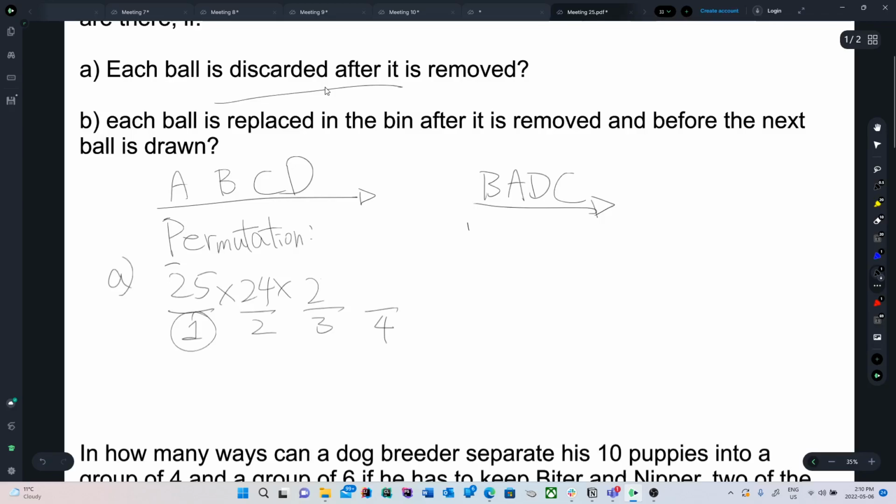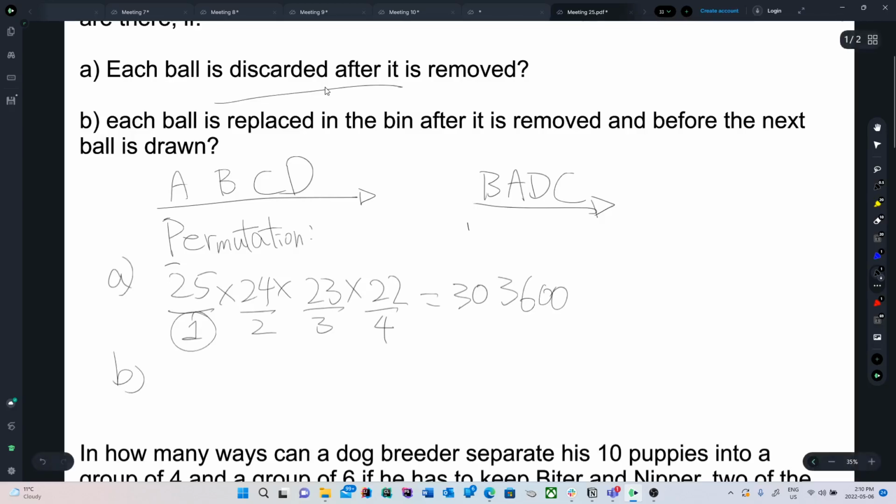After that, we're going to have 23 left because we drew two balls out. Then we multiply by 22 as we took three balls out. That's going to be a total of 303,600 combinations.